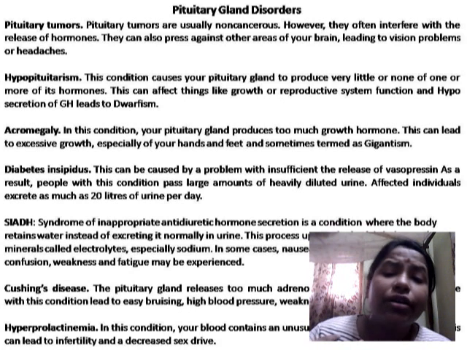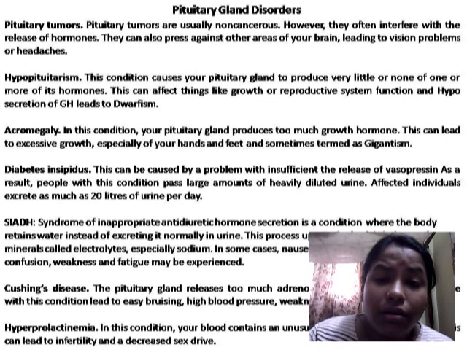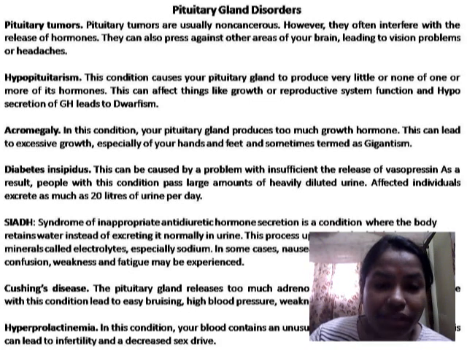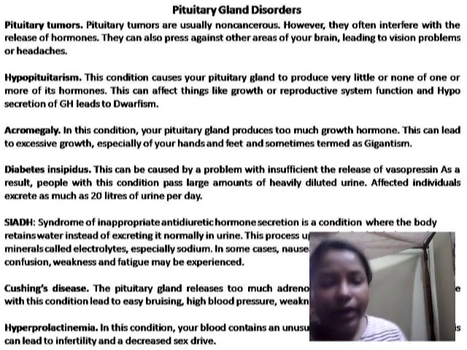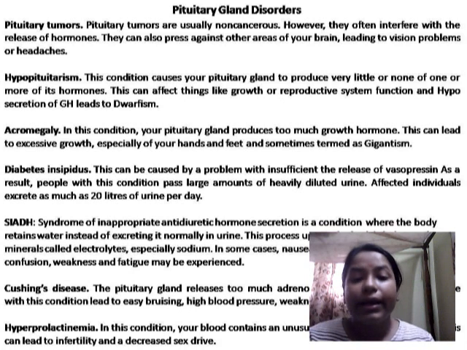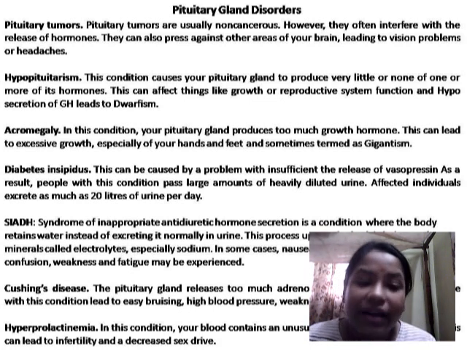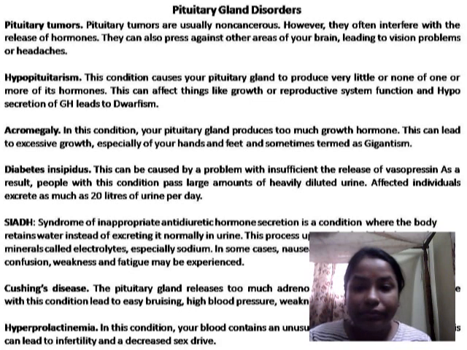Hyposecretion of pituitary hormone, especially growth hormone, leads to dwarfism, which affects our bone and muscle growth. The next one is acromegaly. In this condition, our pituitary gland produces too much growth hormone and leads to excessive growth, especially of our limbs, that is our hands and feet, and sometimes is termed gigantism.